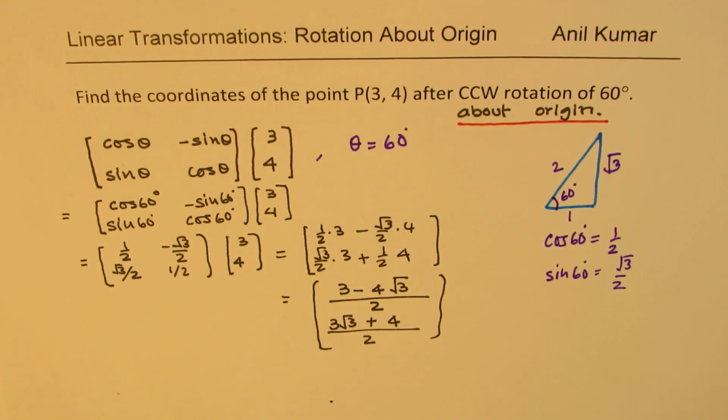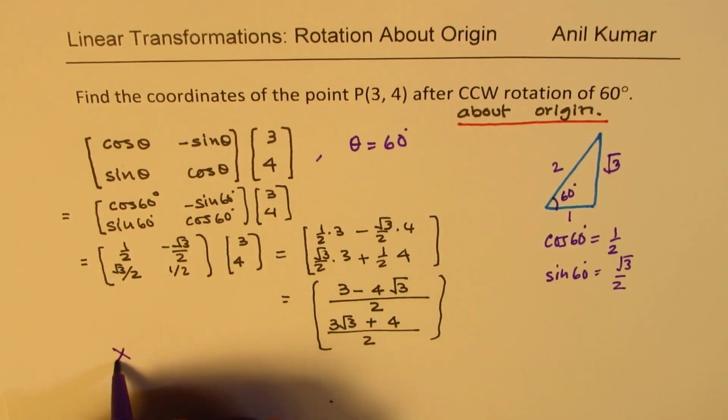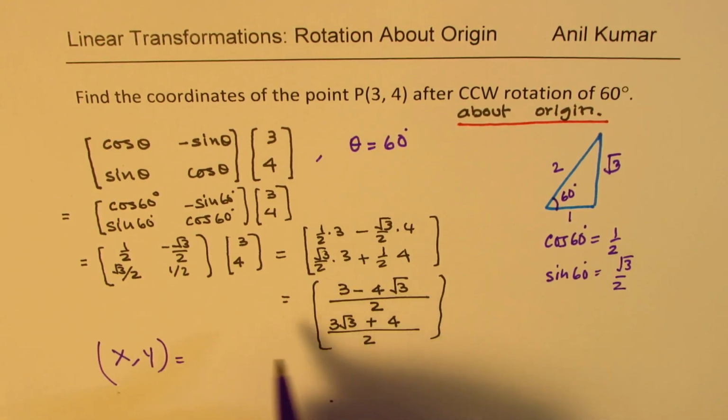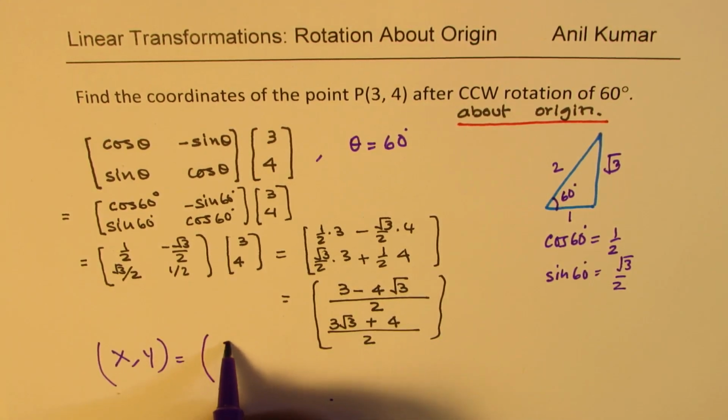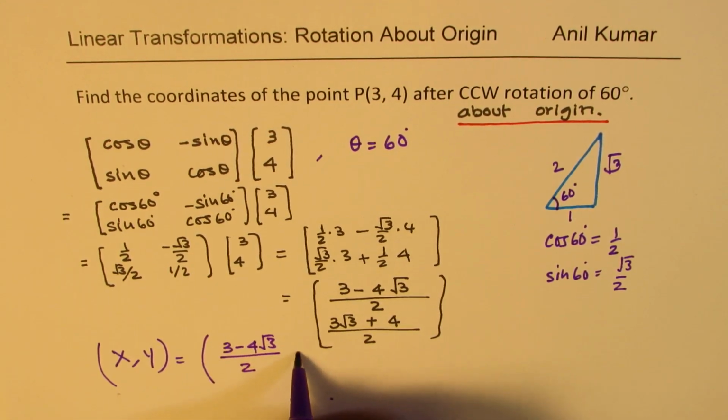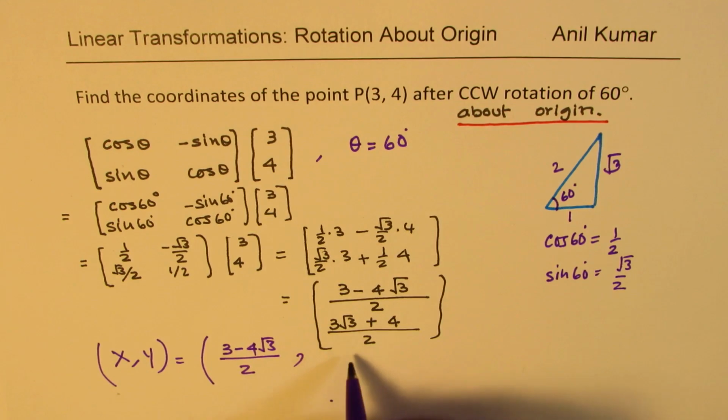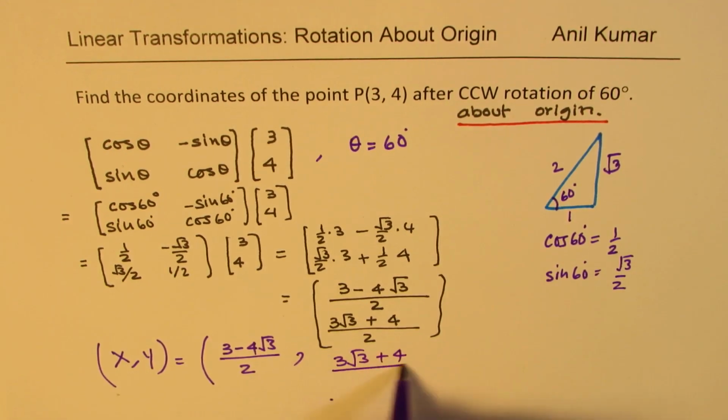So after the transformation, the new point (x, y) is (3 minus 4 square root 3) over 2 and (3 square root 3 plus 4) over 2.